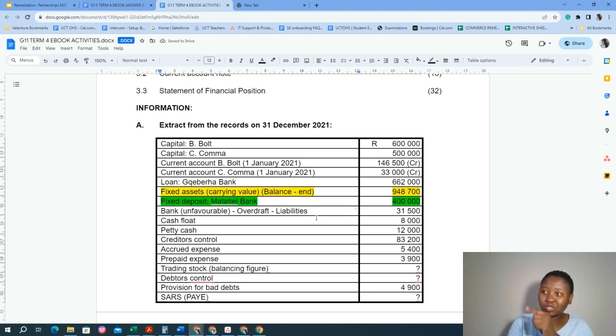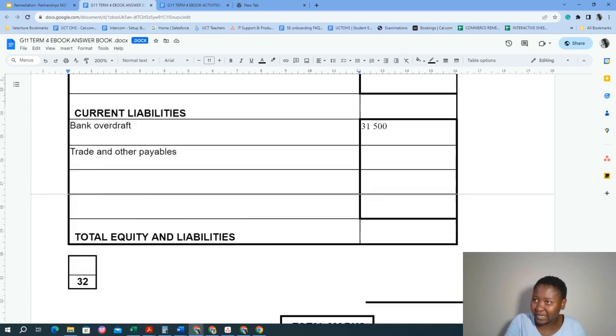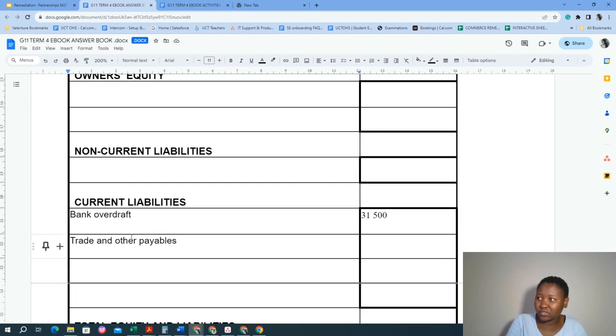So this is no longer an asset, but a liability, which means that this bank account that is unfavorable, which is an overdraft, is no longer part and parcel of my cash and cash equivalent. That overdraft goes straight to my current liabilities. Here I have bank overdraft.